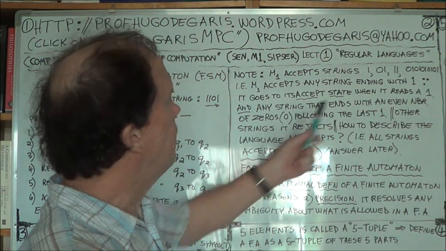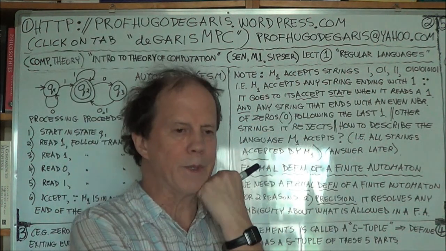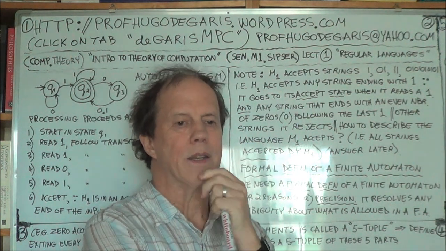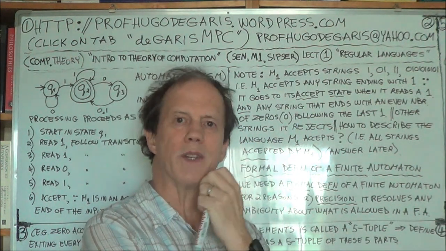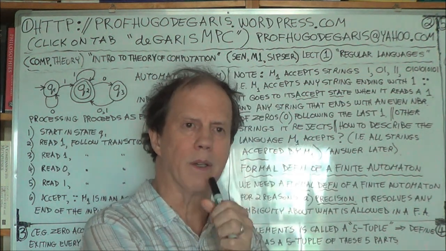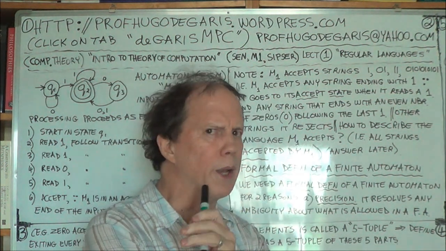All right. Okay. So the obvious question arises. All these strings that are in language A, in other words, all these strings that get accepted by the automaton, what do they have in common?